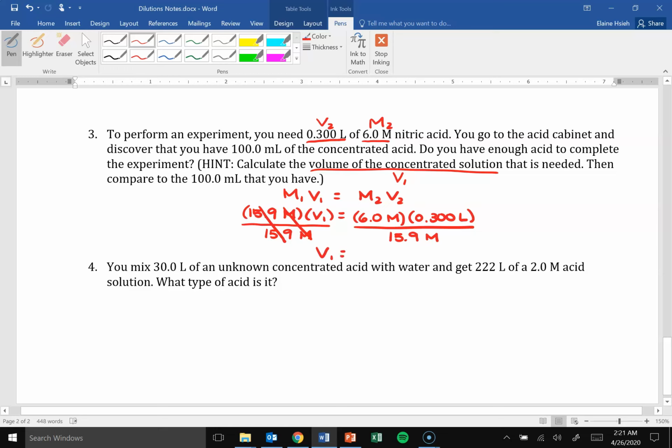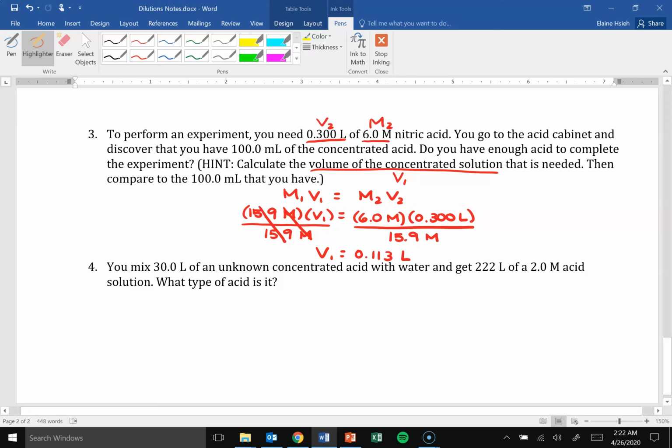In the calculator, we type in 6.0 times 0.300 divided by 15.9. And the answer is 0.113 liters.